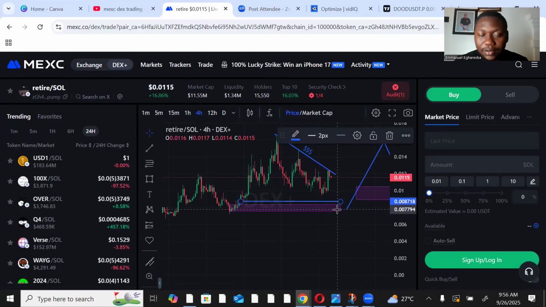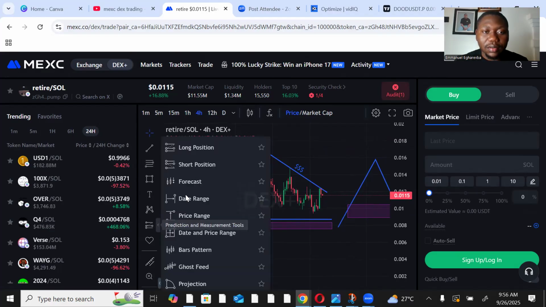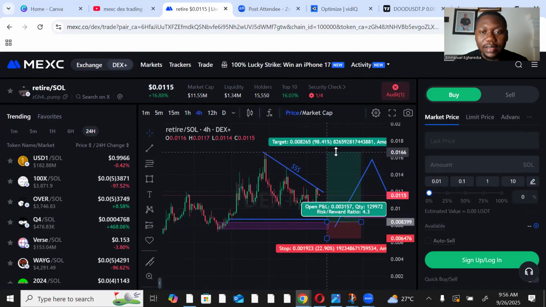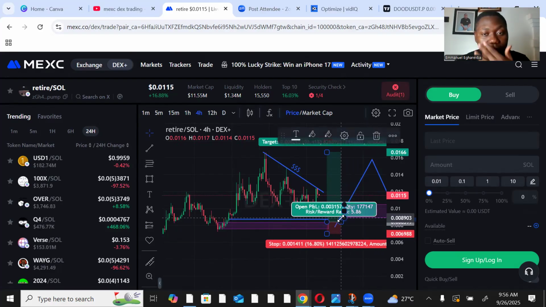The moment price taps into this point of interest, I start buying, and then I enter my entry. Risk to reward should be, target this high first. This is 1 to 5 already. This is 5x. Meaning if you have put $100 in this, you have gotten $500.